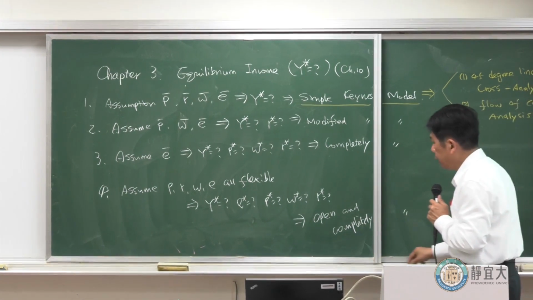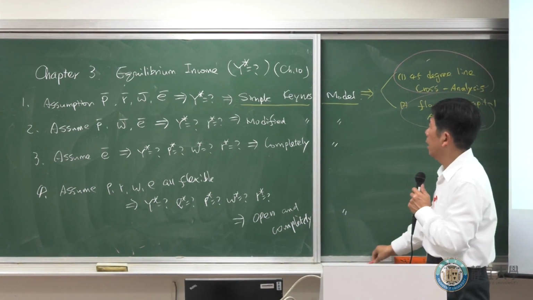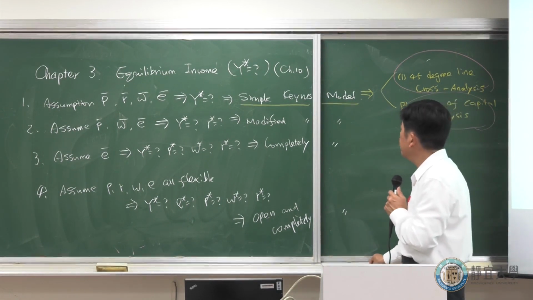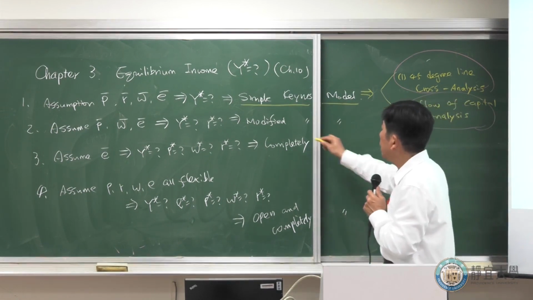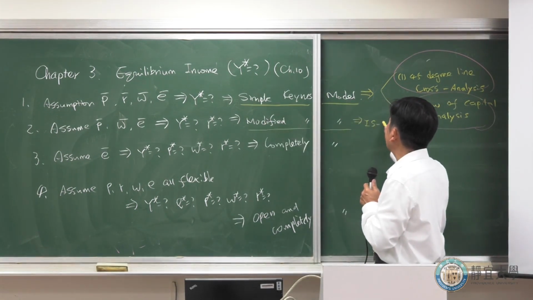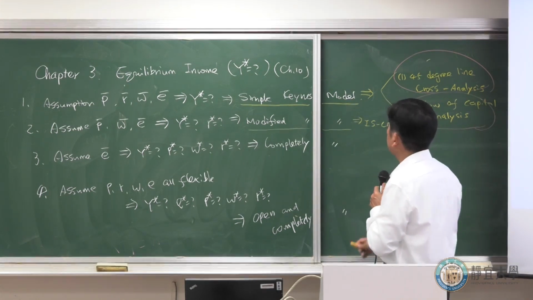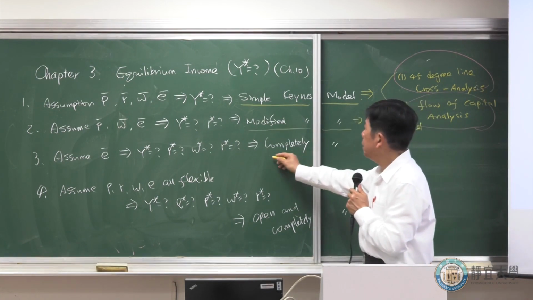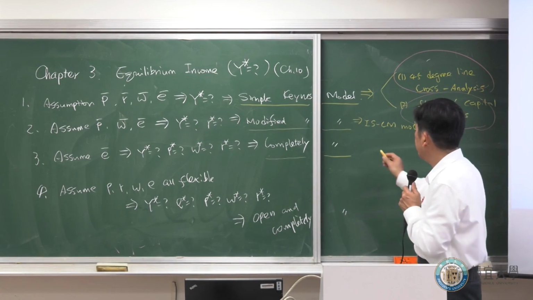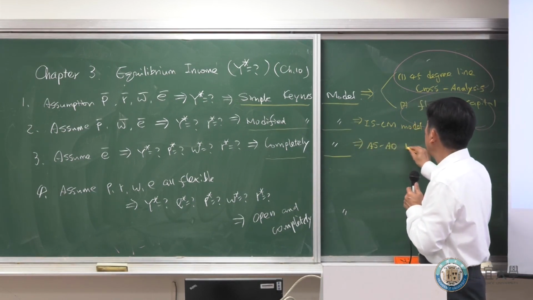Here you can look, there are two different analyses. Next, you can also see the modified Keynes model, which we call the IS-LM model. For the completely Keynes model, we call it the AS-AD model.